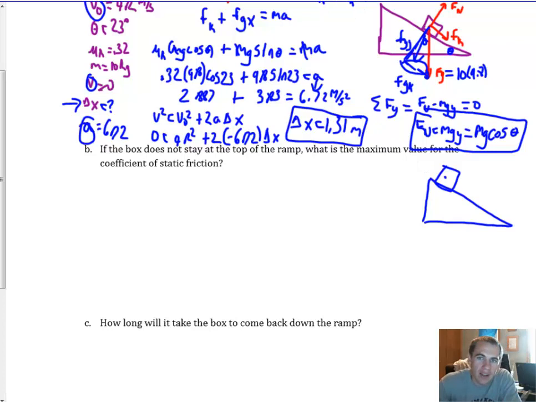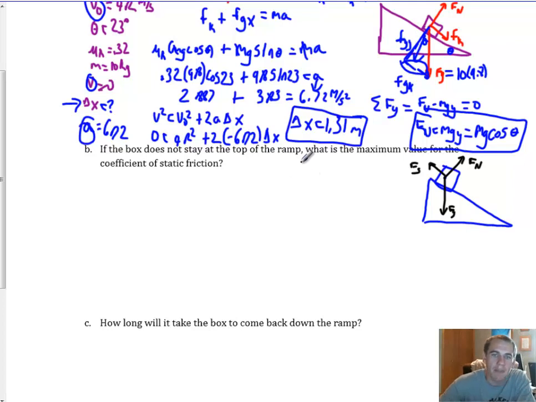Okay? And so if I look at my forces here, I still have the force due to gravity, and I still have the normal force, but I no longer have that kinetic frictional force pulling down the incline. Instead, I have a static frictional force pulling up the incline, right? Gravity's trying to pull it down the ramp. That means static friction is opposing it, pulling up the ramp.